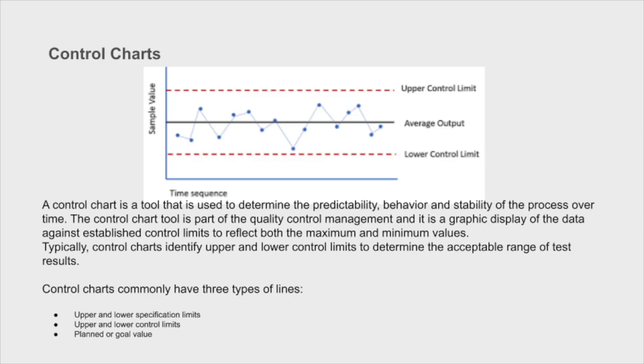We'll look at the value or the variation from the average. And as long as the variation from the average is within the control limits, in other words, it's an acceptable level of error or acceptable level of variation, we're good. Once it goes beyond those upper controls or lower controls, in other words, the variation is greater, then we need to stop and assess what's going on with the product.